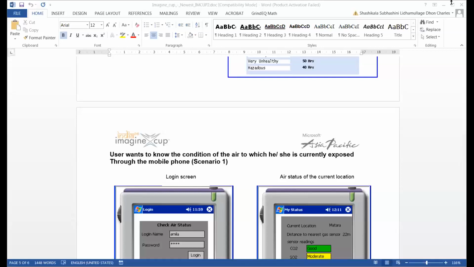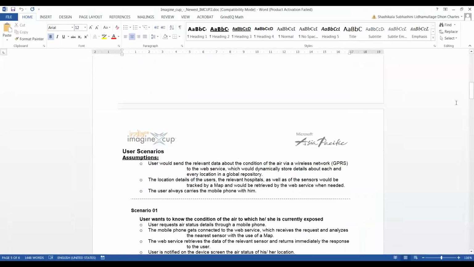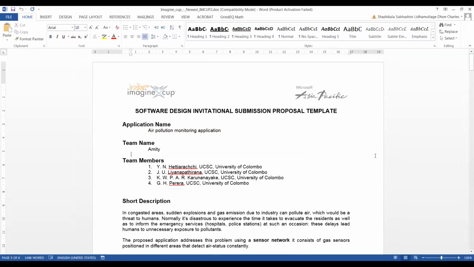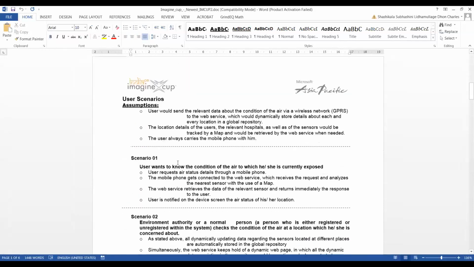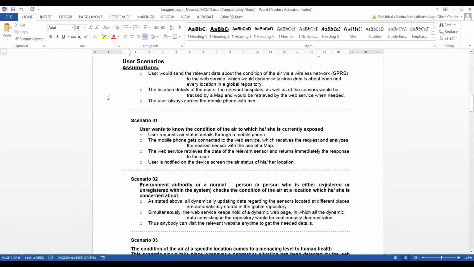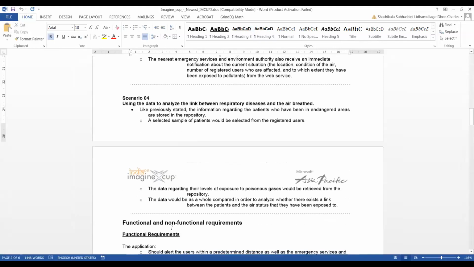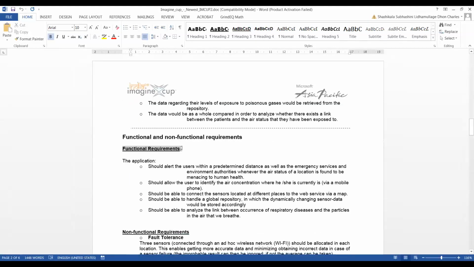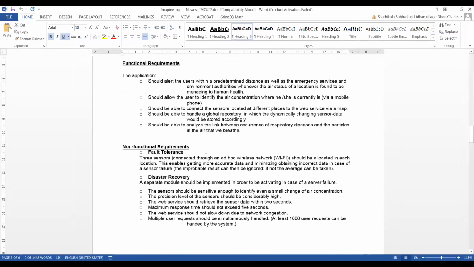Another format. Okay, this is the next one. This is better than the previous one. Here you can give the short description and the user scenarios. If you have any assumptions, you can mention them here. Then scenario 1, scenario 2, scenario 3, scenario 4. Then you can mention the functional and non-functional requirements.